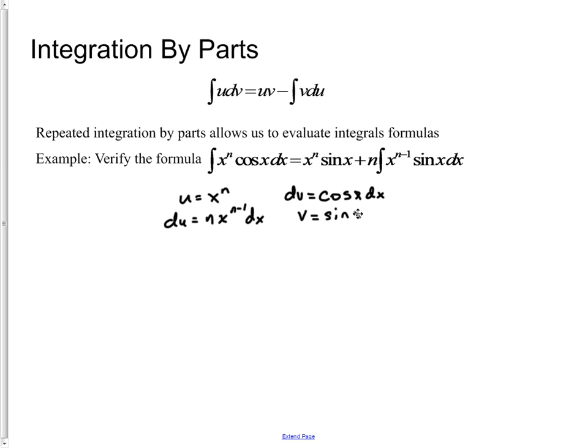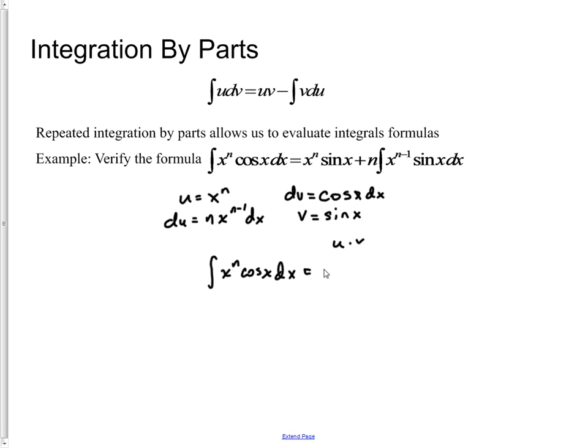That's our antiderivative. Putting together this formula, by our integration by parts formula, the integral of x to the nth power times the cosine of x dx should be exactly u times v.